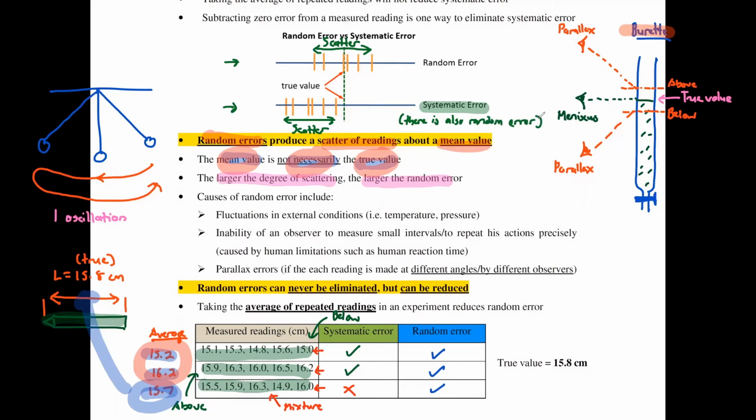You could have cases where your readings have a combination of both systematic and random error. Now, if your scattering increases like this, where your readings are all the way until here, we would say that your scatter has increased. Therefore, your random error increases.